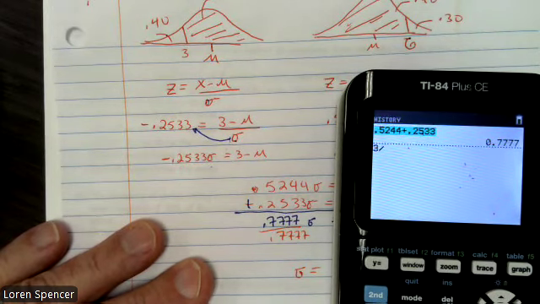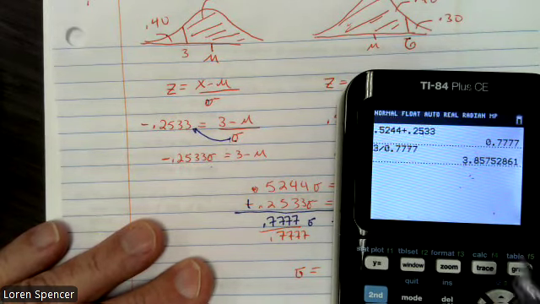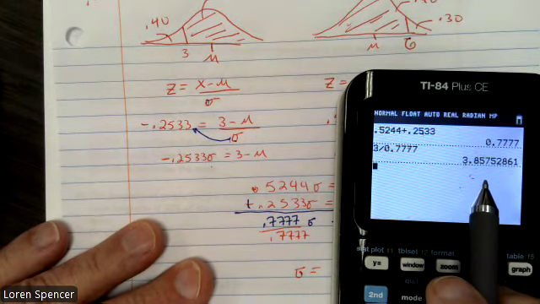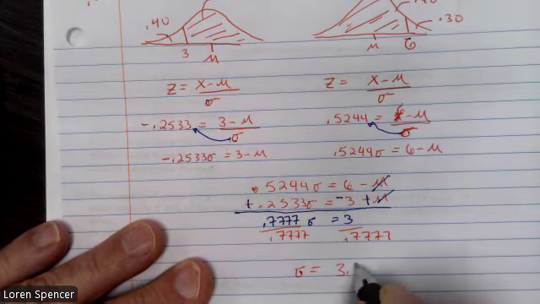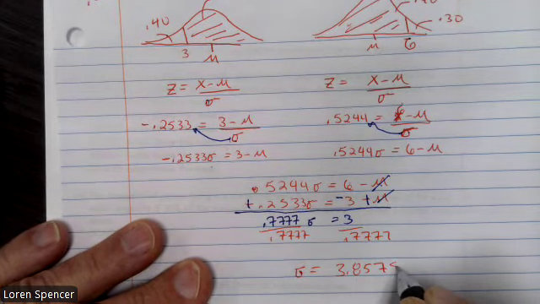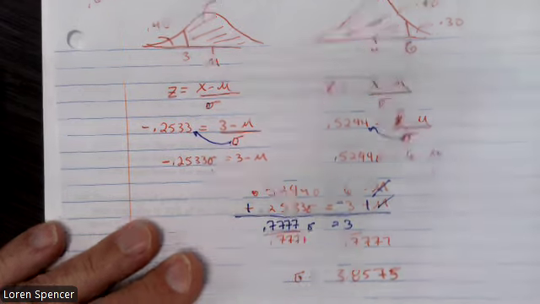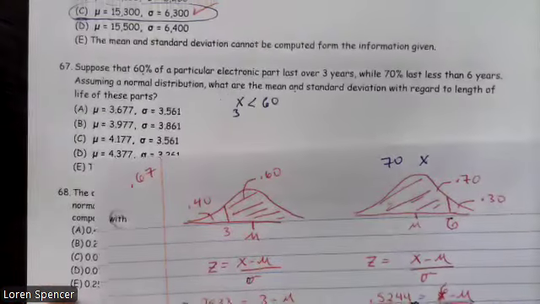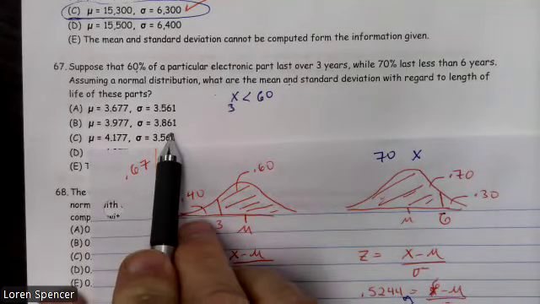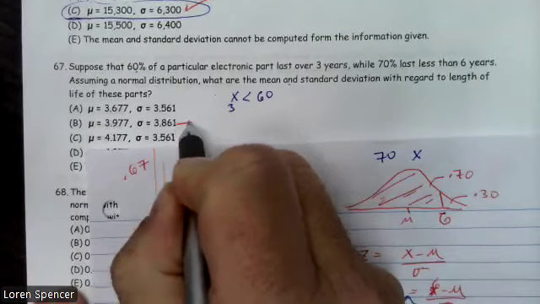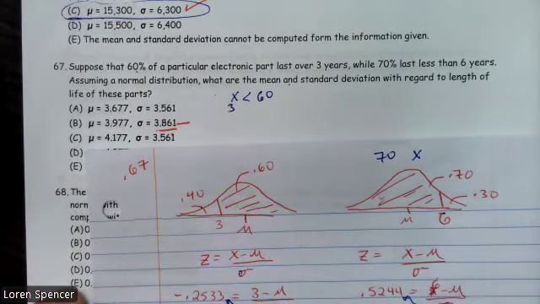There will be rounding because we have so many decimals. So I end up with a 3.857 standard deviation. We'll see which one is closest. So when I do that, it's like, well, 3.861. This is looking pretty good here at B. That looks like that's the closest.